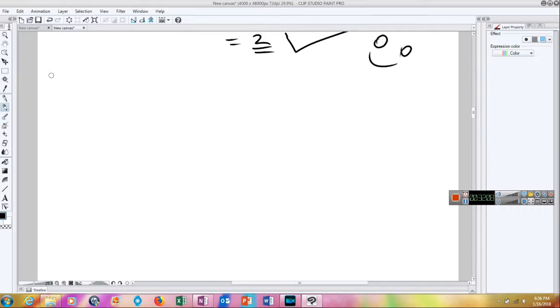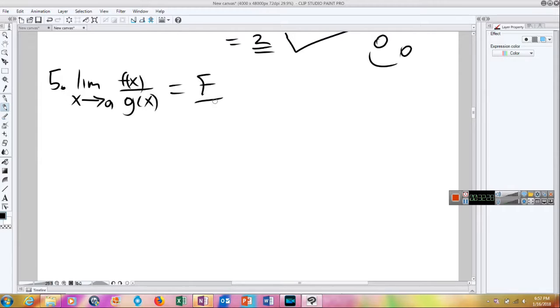And we move on to number 5. Limit where x tends to a for the function f of x divided by g of x, that's equal to f divided by g.